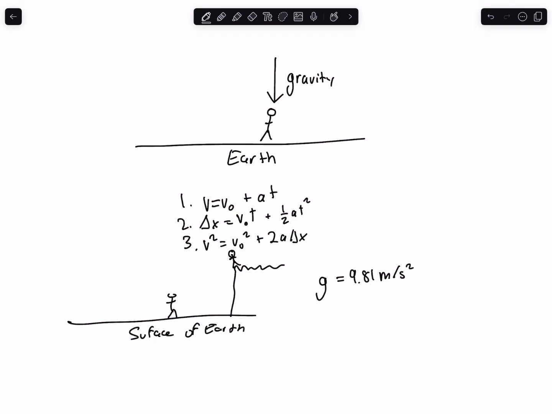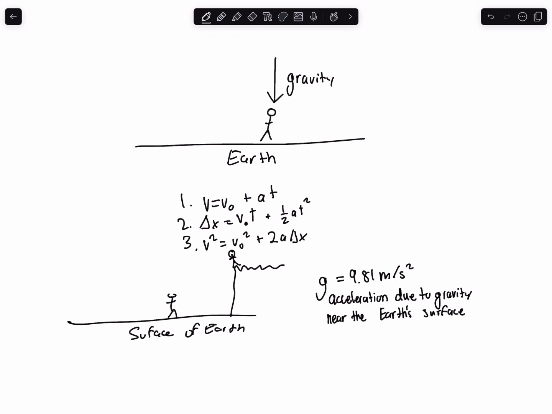What is this number? What does it mean? What does it do for us? Well, G is the acceleration due to gravity near the Earth's surface.